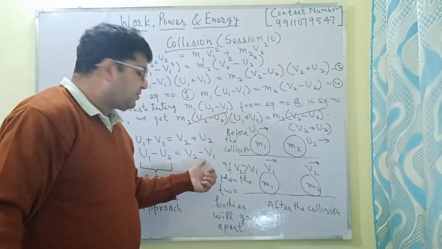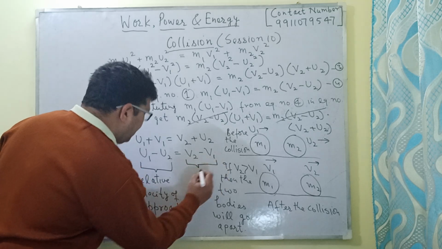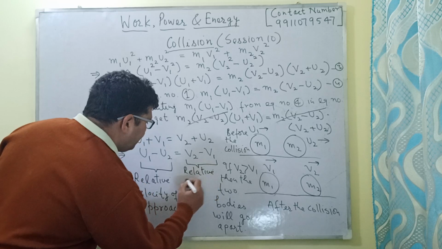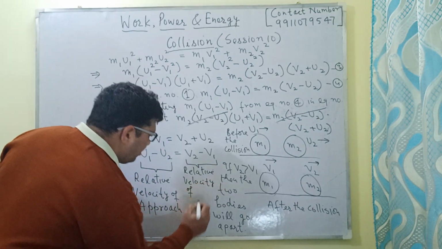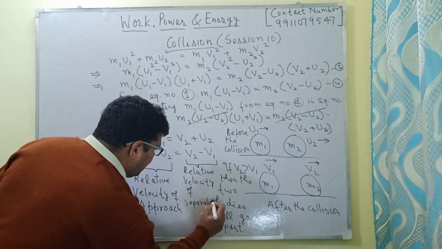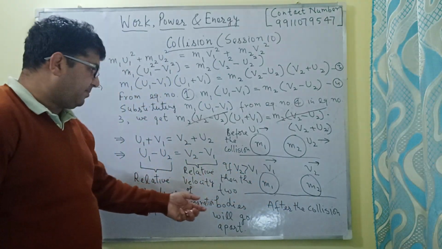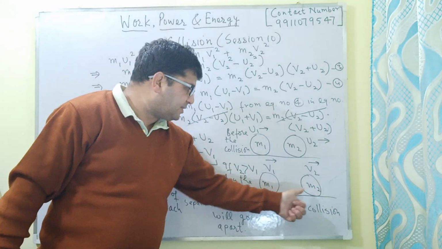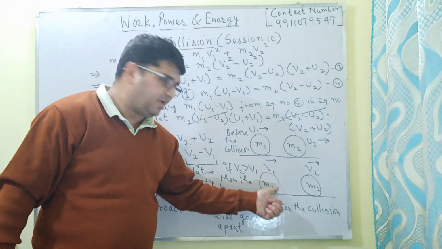And v2 minus v1 we can call the relative velocity of separation, if the velocity of m2 after collision is more than the velocity of m1 after collision.